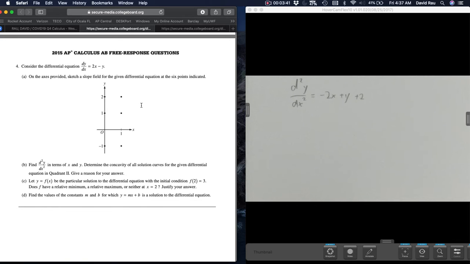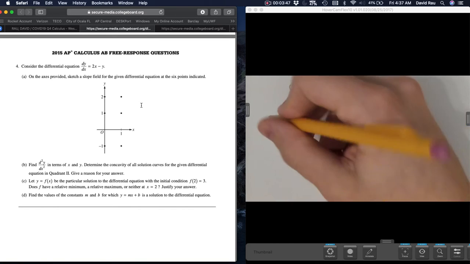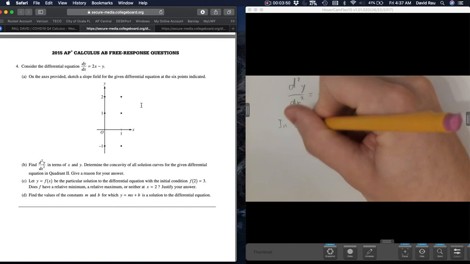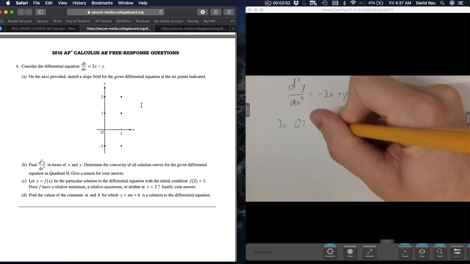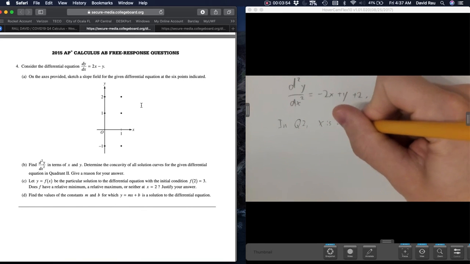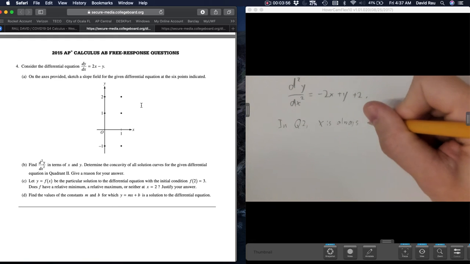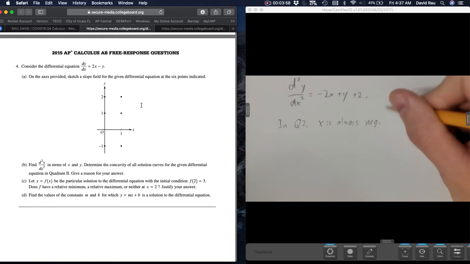Okay, and determine the concavity of all solutions in quadrant 2. So I'll say in quadrant 2, x is always negative, and y is always positive.